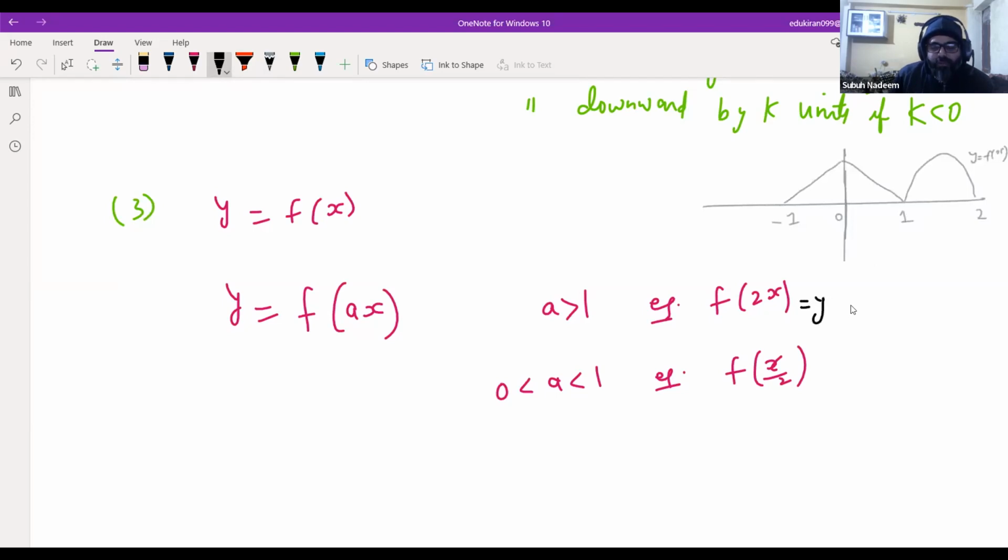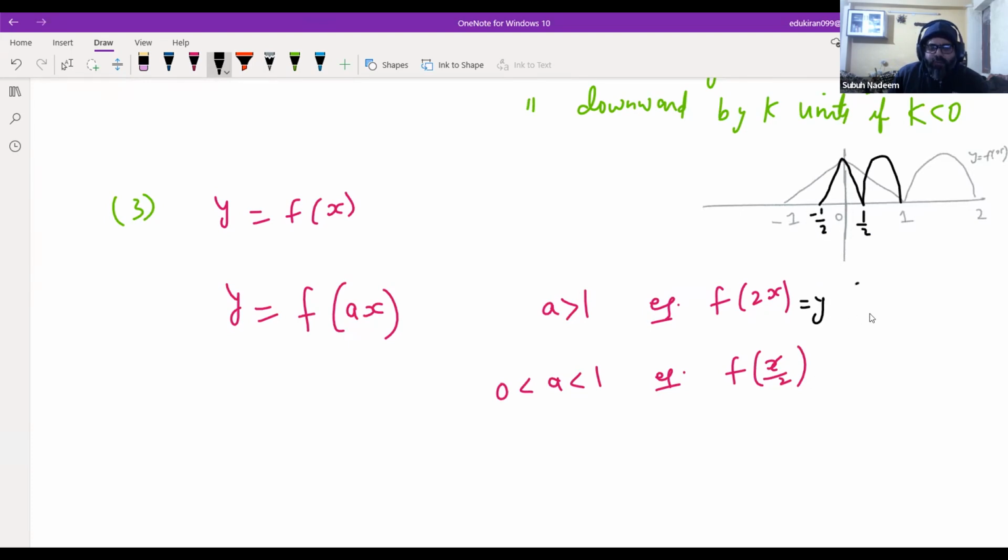So what you have to do is simply compress along the x-axis by 2 units. That means the graph would be, so this is now half and this is -half.